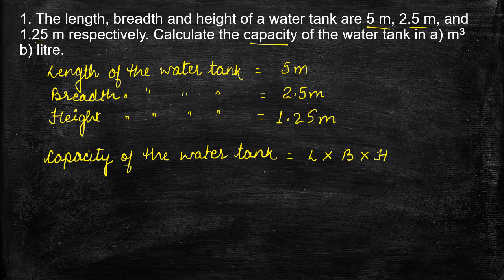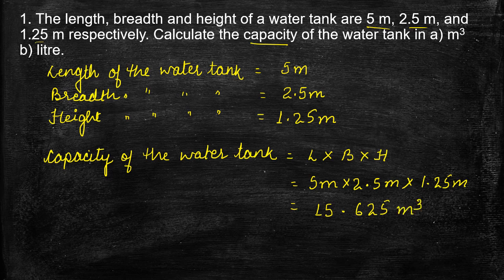So we will multiply all the three dimensions. So 5 meter multiplied by 2.5 meter multiplied by 1.25 meter. So multiply all the three numbers, you will get 15.625 meter cube.